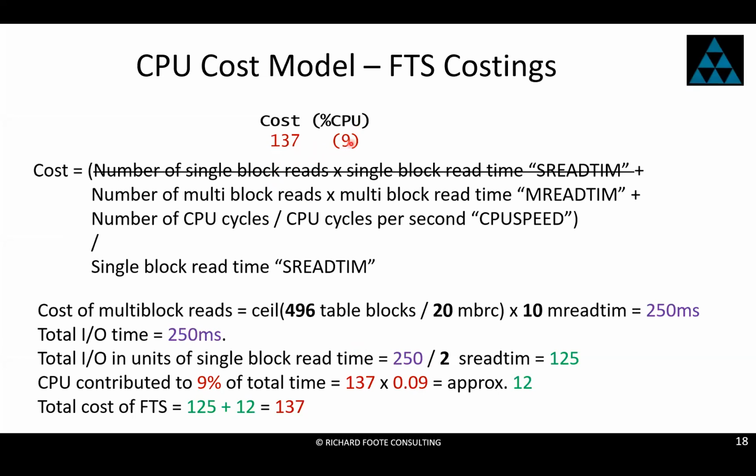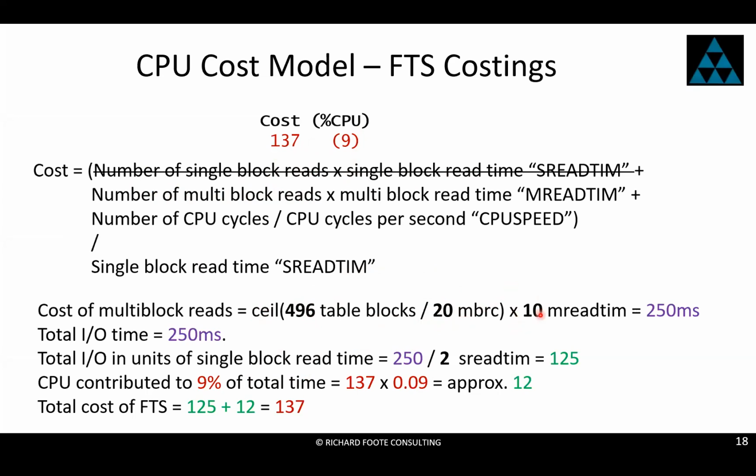So how do we determine this cost of 137, of which 9% was CPU? You just do this. For a start, there are no single block reads. Well, actually, there might be one when we read the header, but we're going to ignore that. Fundamentally, we just do the number of multi-block reads, which is 496 divided by 20. That gives me the number of multi-block reads, because that's my multi-block read count.